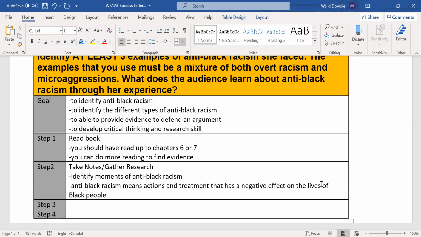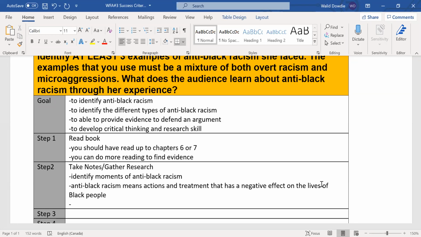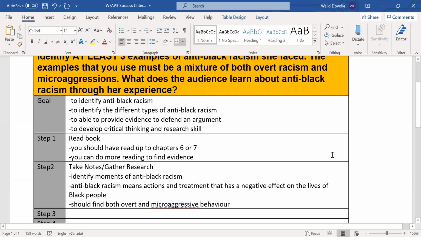You should find both overt and microaggressive behavior. So you need to have both of those things there.